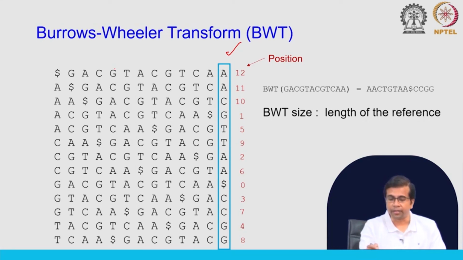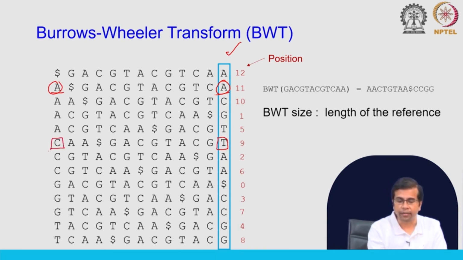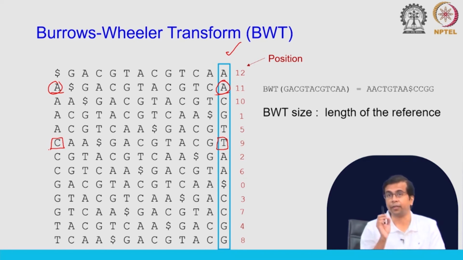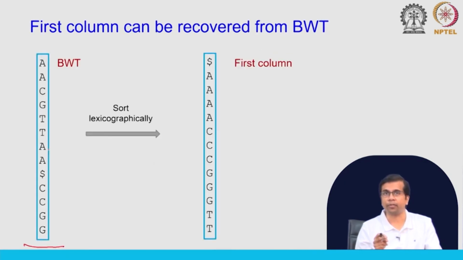When we are doing the string rotation, if you look at this string, this is the letter that is before this A. This A is before this A here in the reference sequence. Similarly, if you take this example for this string, this T occurs just before this C in the reference sequence. So, the string rotation actually means this: we can map the letter that is before this letter in the first column.